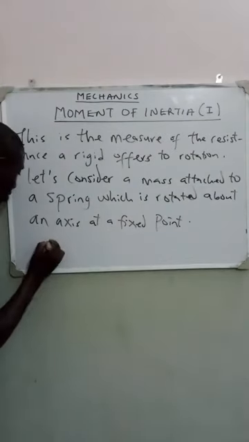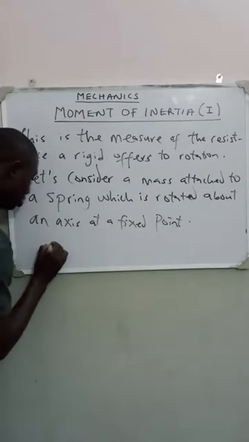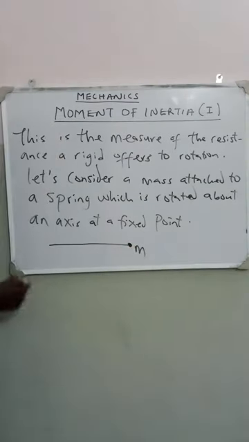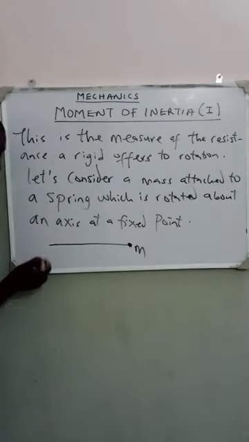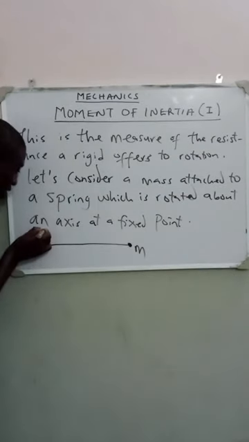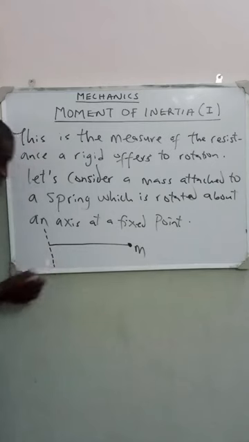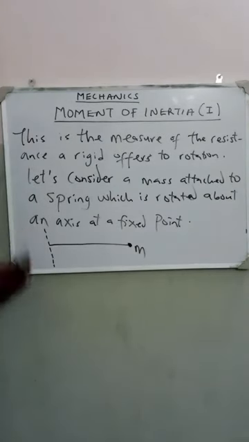Let's look at this. So this is my mass M. The mass is rotated at this fixed point. So this broken line here is showing the point of rotation. This is very important in solving any questions related to moment of inertia.